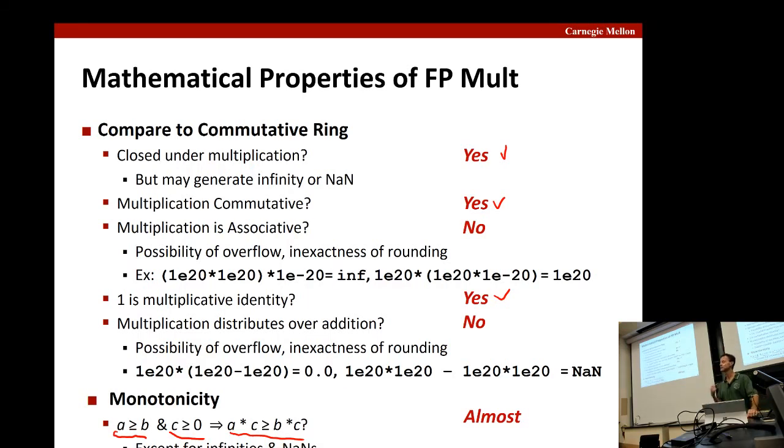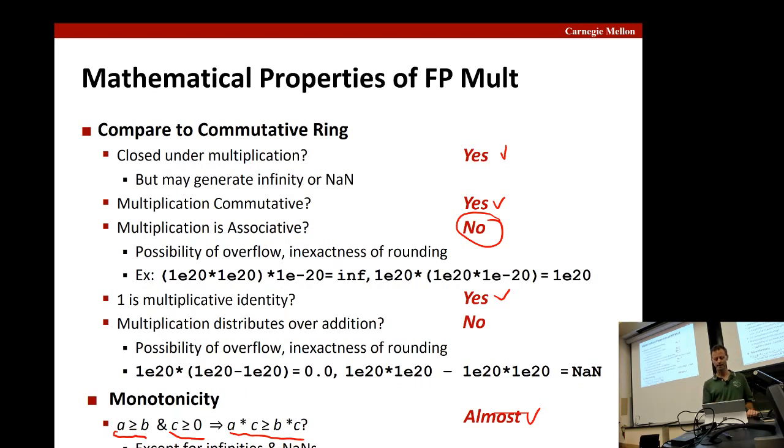And that is also true except for infinities and for the NaNs. So this is pretty good as long as you stay out of the range of infinities and NaNs. Multiplication, however, has the same problem with associativity. You get weird rounding effects.